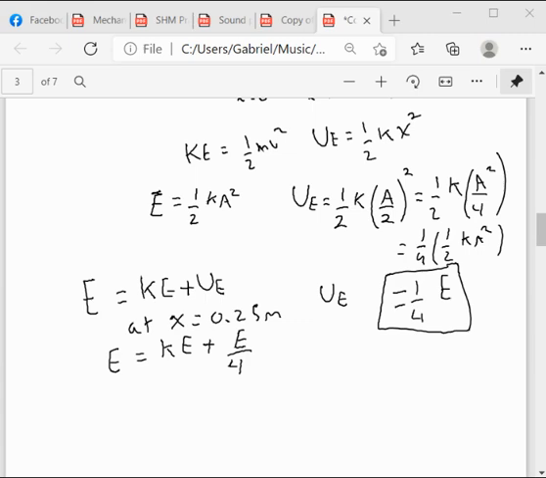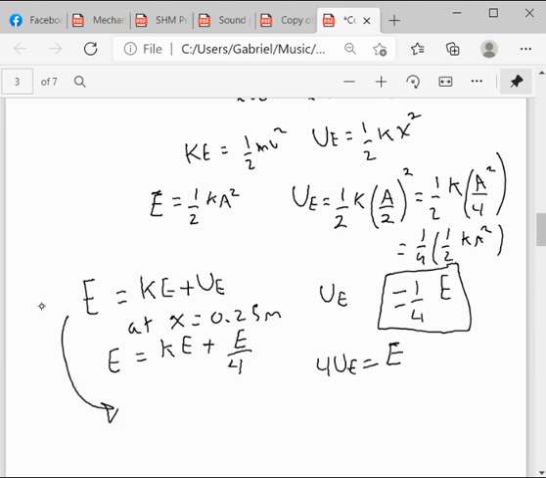Another way to think about this is that 4 times the potential energy gives you the total energy.